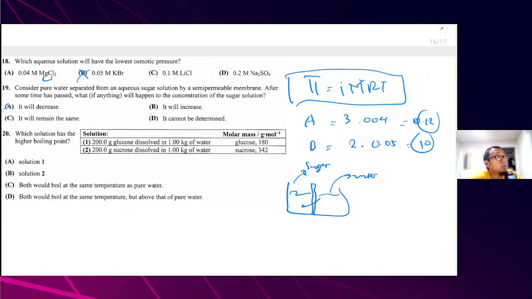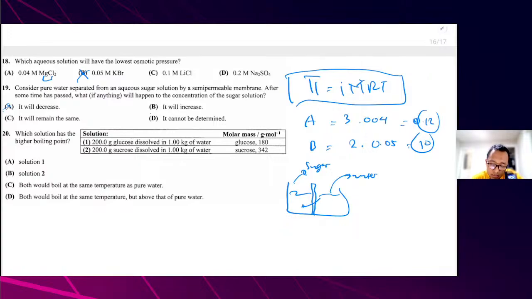So number 19 will be A. After some time, the sugar concentration will be decreasing. Water always flows toward the more concentrated side.